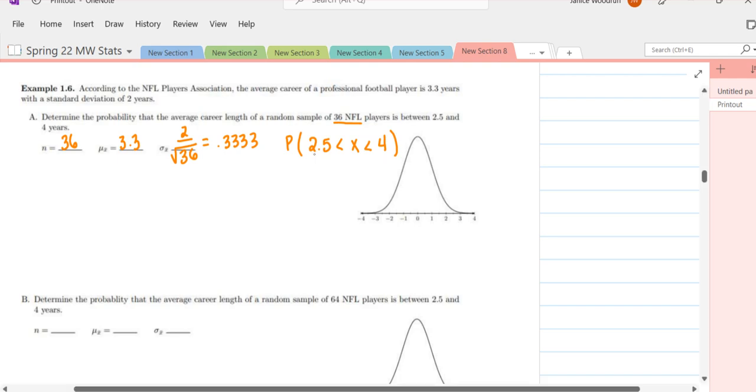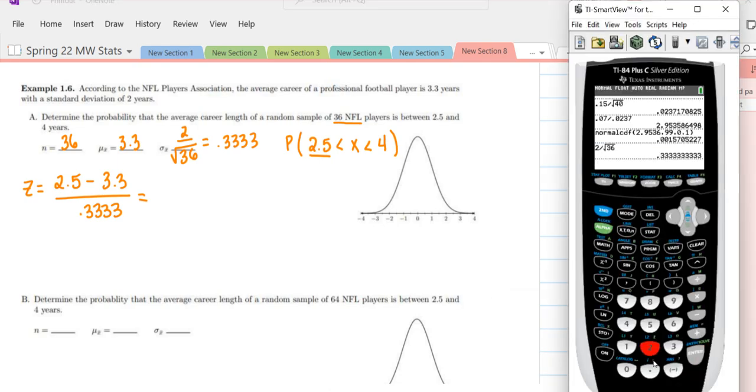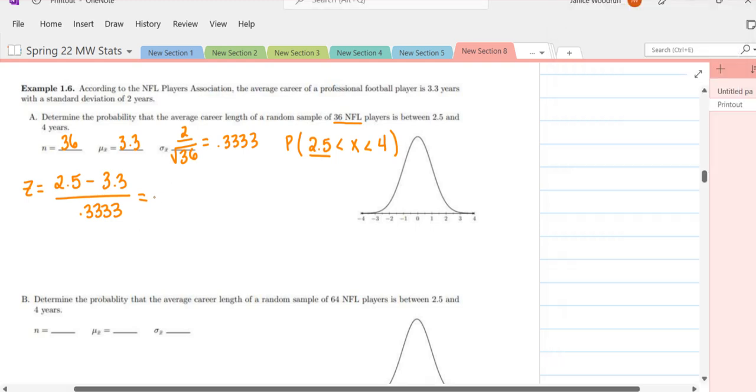Okay, so for our first z-score, we'll use the 2.5. So we'll go 2.5 minus our mean, 3.3, divided by 0.3333. That's going to give us negative 2.4. Negative 2.4 is fine.